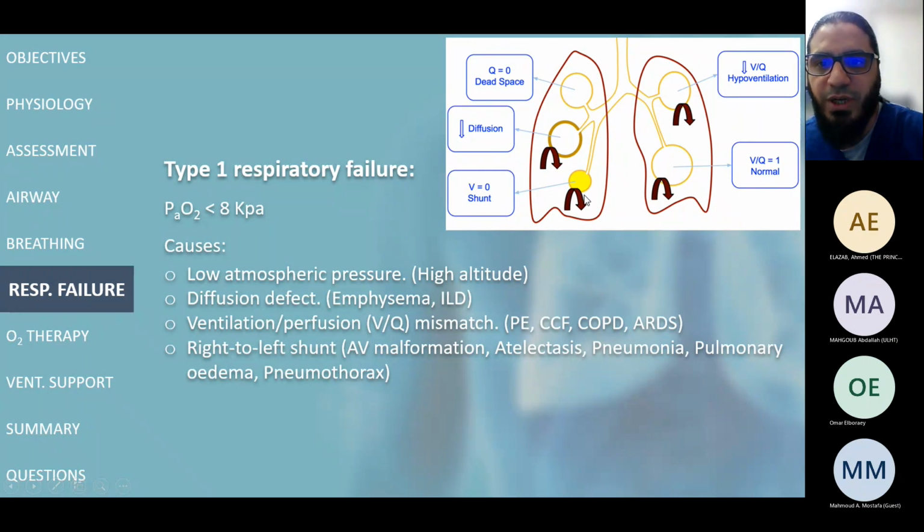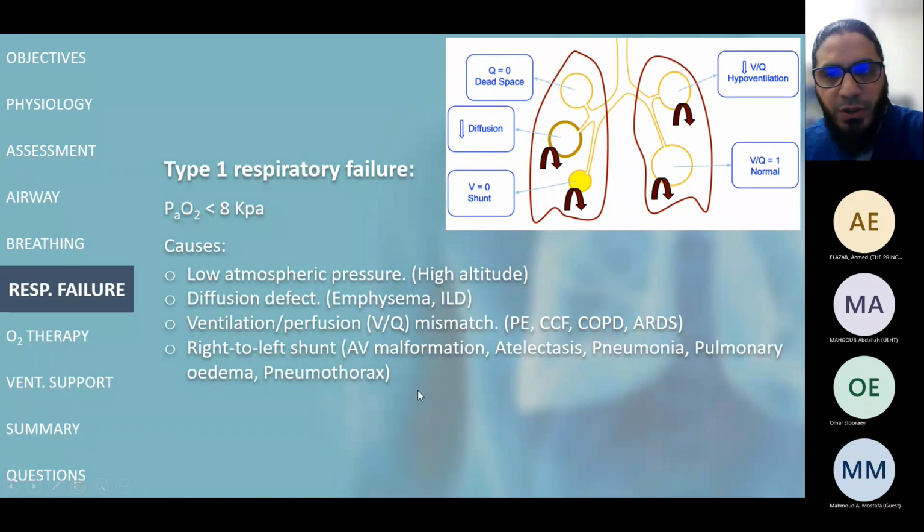And on the lower right base, you can see a collapsed alveoli. It's well perfused. So overall, this right lung has a VQ mismatch. The ventilation and the perfusion are not matching at all. And this can happen by a pulmonary embolism, heart failure, COPD, ARDS, and so many other causes.